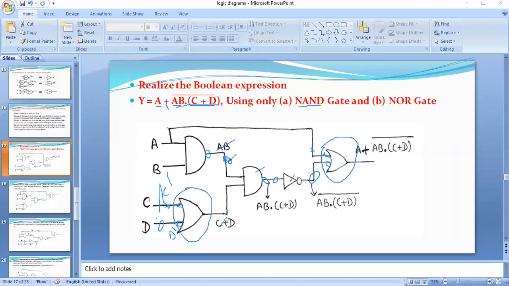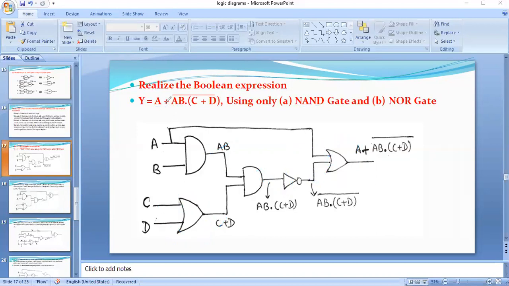After that, here also another bubble, so you have to use a NAND gate here also, and these two inversions are cancelled. And we have an inverter here, and here also another inverter, so instead of an inverter, you have to draw a NAND gate. Okay, is it clear?